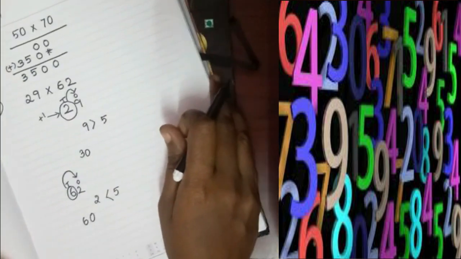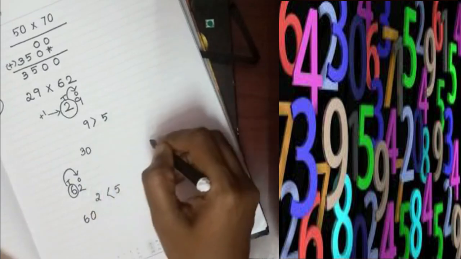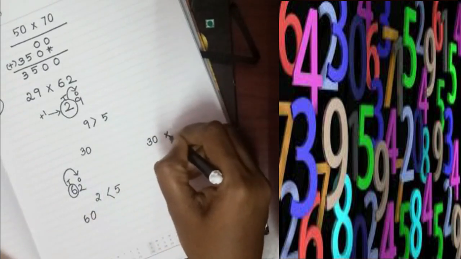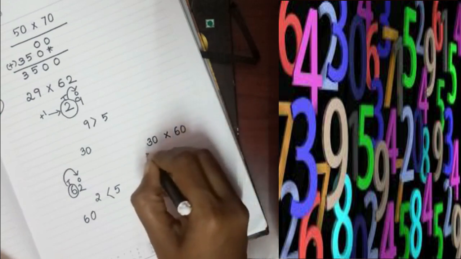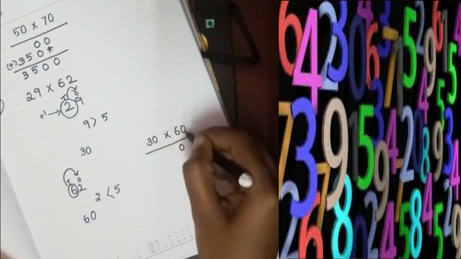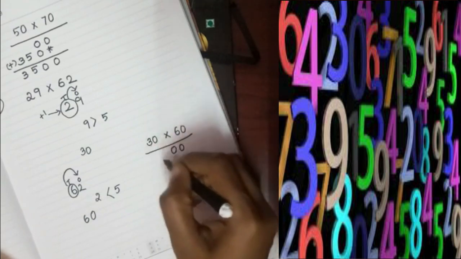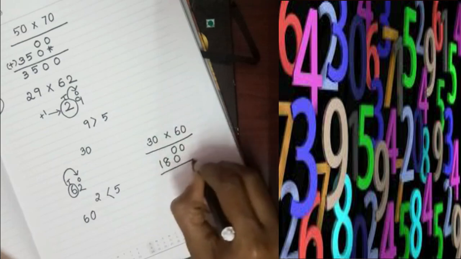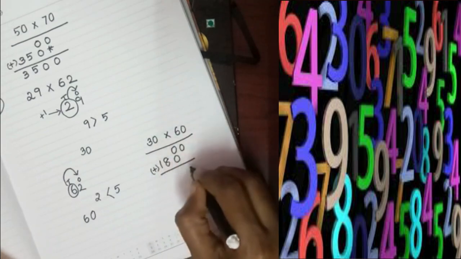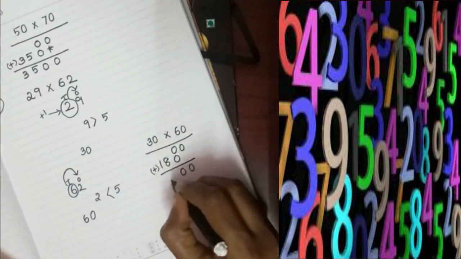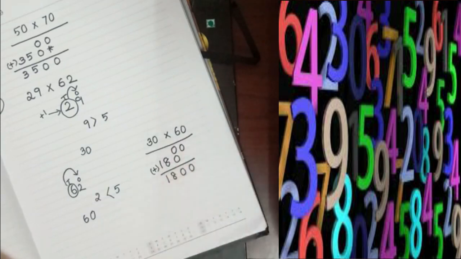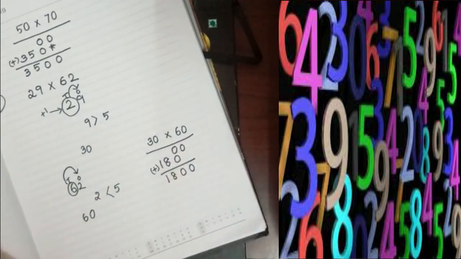Now we have to do the multiplication. This 30 into 60. 0 zeros are 0, 0 threes are 0, 6 zeros are 0, 6 threes are 18. Add all the numbers, you'll get 0, 0, 8 and 1. Did you understand? So this is rounding off to the nearest 10. I think everyone understood.